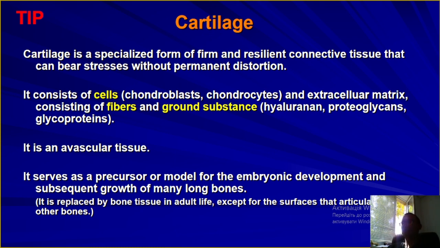So what is cartilage and what does it serve for? Why are we talking about problems with cartilage? It is a specialized form of tissue that can bear stresses without permanent distortion. This is a very important function of the cartilage.